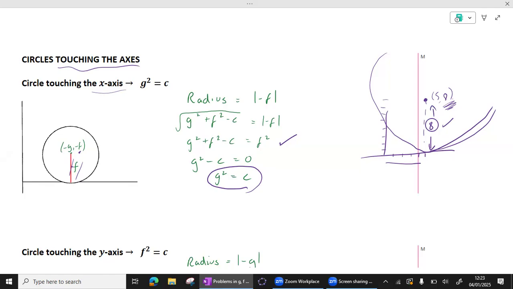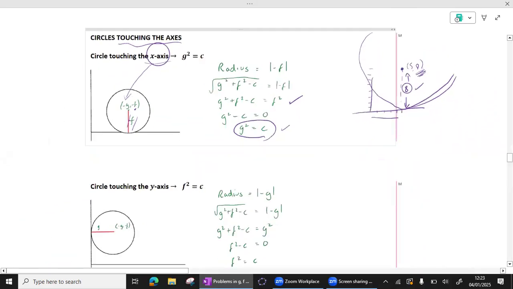If you didn't want to remember all of that, another way to think of it is, when I hear x-axis, I think first coordinate, which makes me think of g, and then I write g squared is equal to c. That's just a little shortcut.